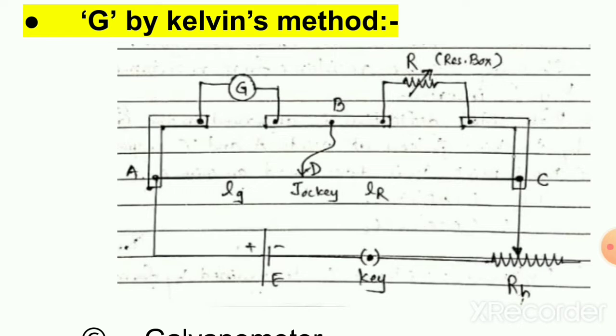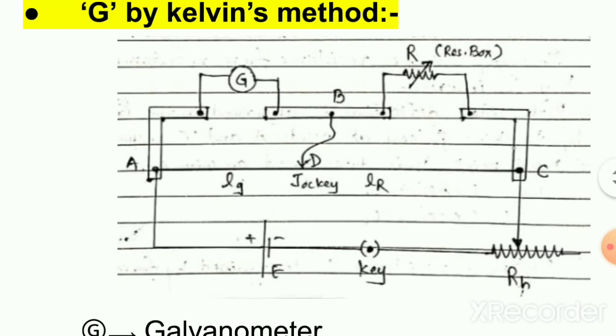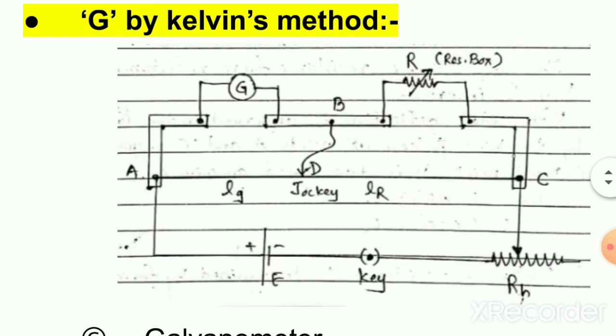One is AC, the other is the upper branch A, B, C. As soon as current starts flowing through the galvanometer branch, the galvanometer would show you some deflection, and you have to adjust the rheostat in such a way that the deflection is adjusted to somewhere up to 2/3 or sometimes up to half of the full scale deflection.